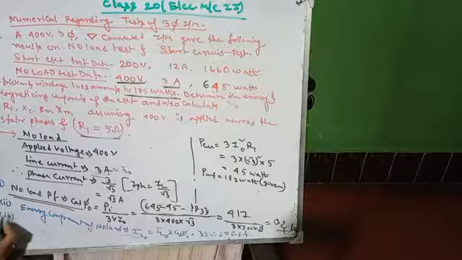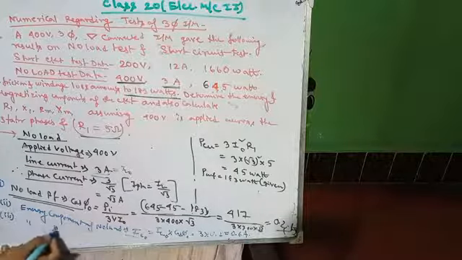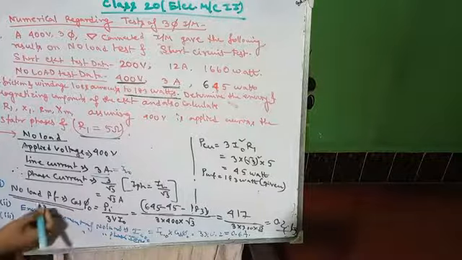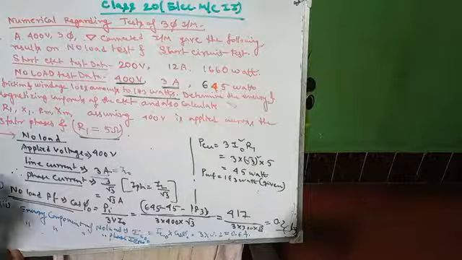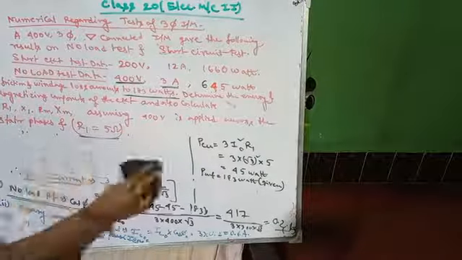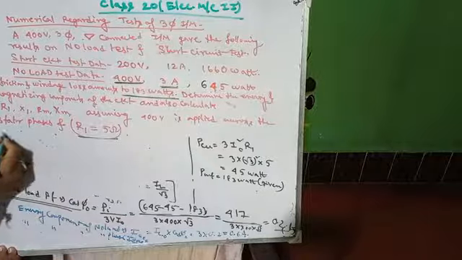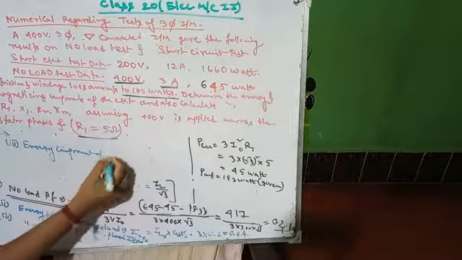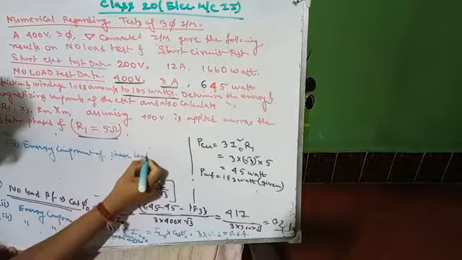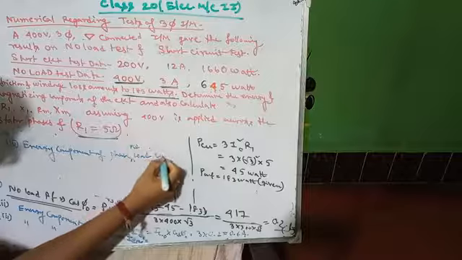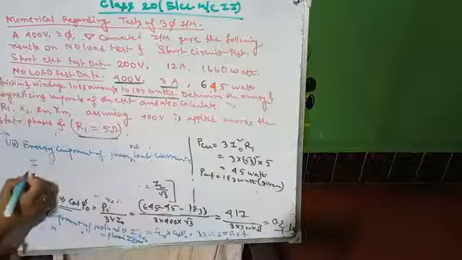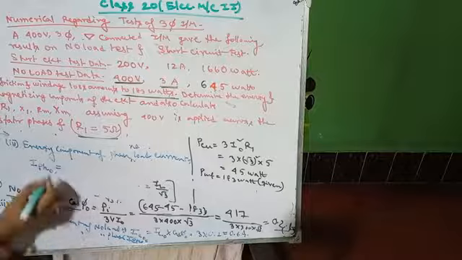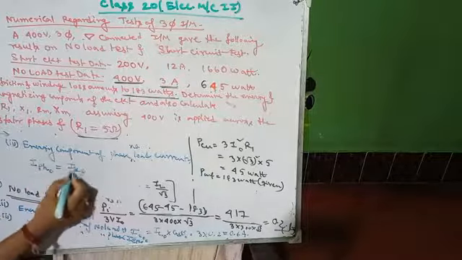So now third one, energy component of no load phase current, that is IE phase naught. IE phase naught will be equal to IE naught divided by root 3.